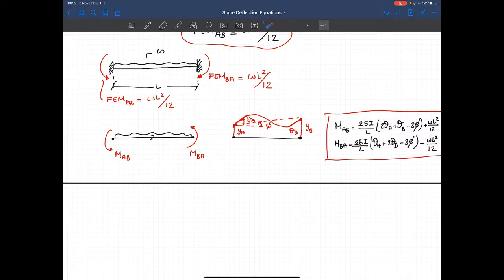So I can do the same derivation for a single point load, for a partial load, for a triangular load, and obtain the expressions for the fixed end moments. And at the end of the day, when we have different types of loading, I sum up all the fixed end moments from these types of loading, and only this part of the slope deflection equation will be modified.